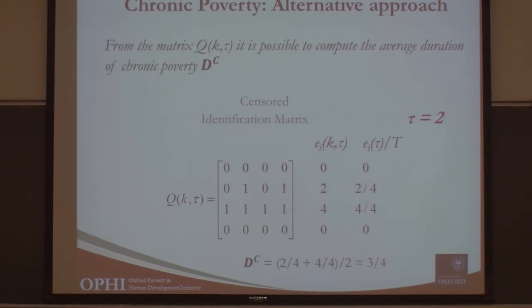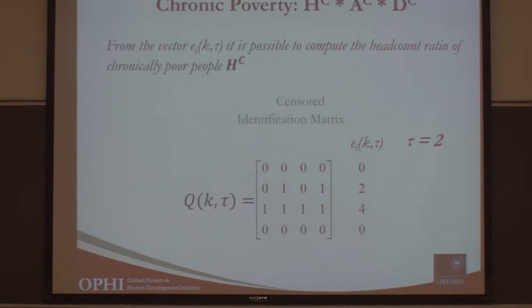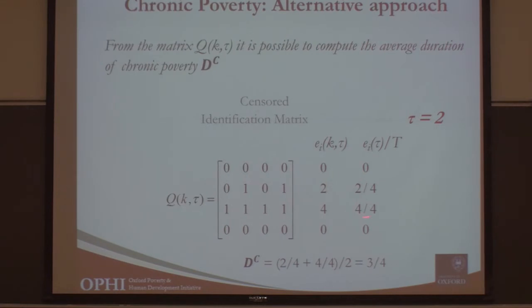Here's just an example of how to compute. From the matrix, you can compute the percentage of people who are poor. Here, 2 people are chronically multidimensionally poor. This is how you compute duration. Duration is like a new intensity.